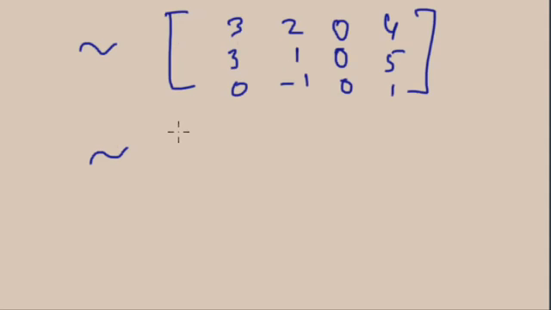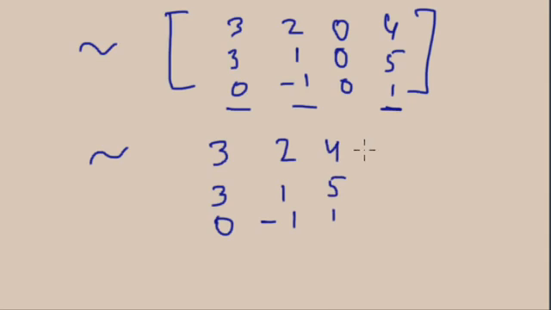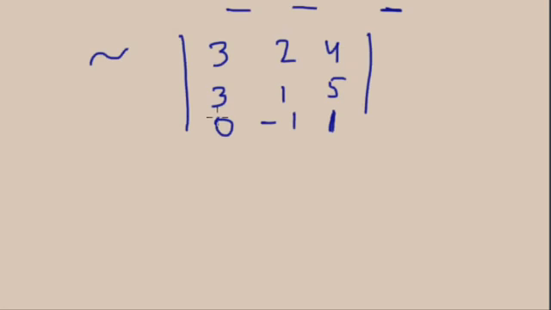So now you are required to find the rank of a 3 by 3 matrix from this. So I am taking this and this: 3 3 0, 2 1 minus 1 and 4 5 1. I am finding the determinant of this, performing R1 minus R2.